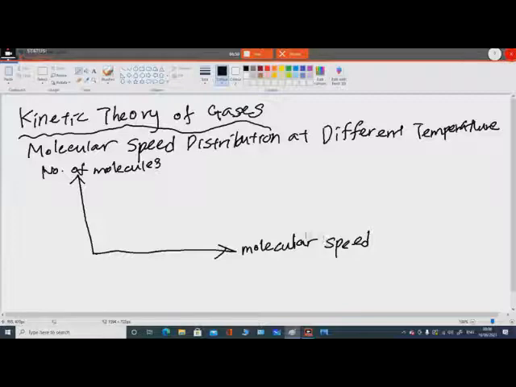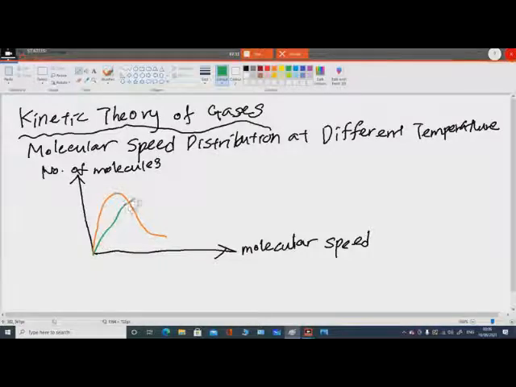Let's say I have a curve here, and there's another curve here.